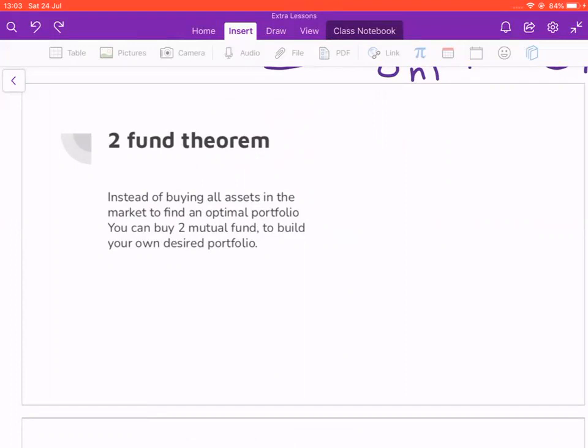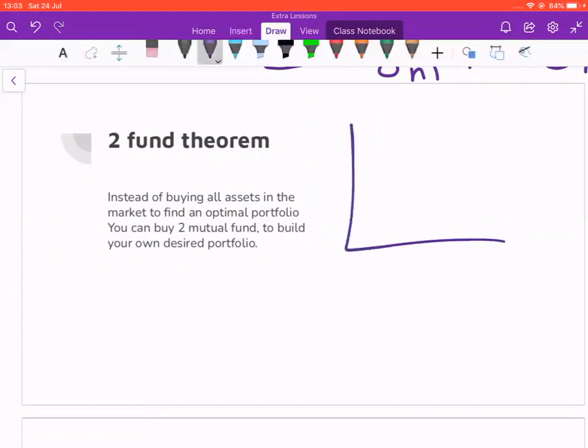So you have an asset over there. So this is still your efficient frontier, and then you have another asset over there. If this is the case, and then you want an asset which lies here, maybe this is what you want.